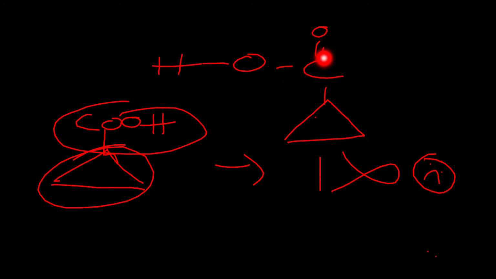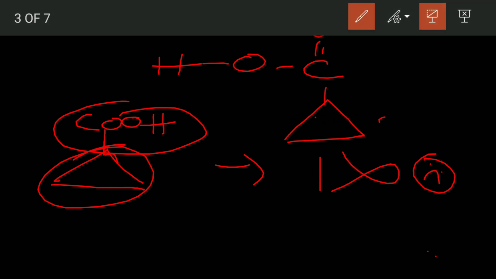Now it has one pi bond here, as you can see, and one ring. So the DBE value is 2, right? But not 1. Often students make mistakes in questions like this.